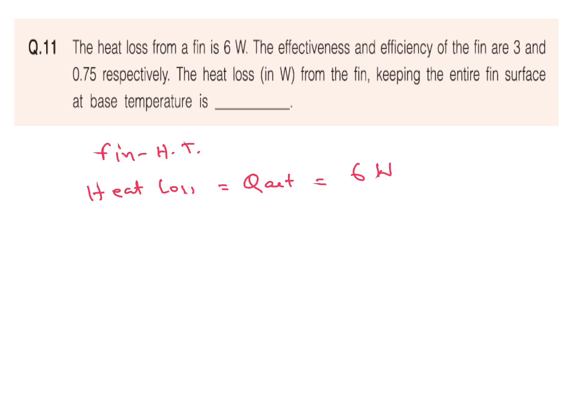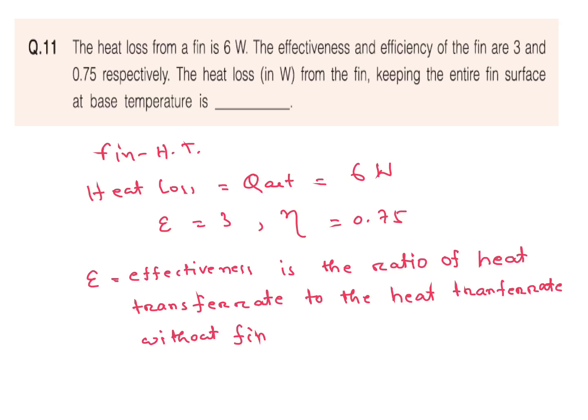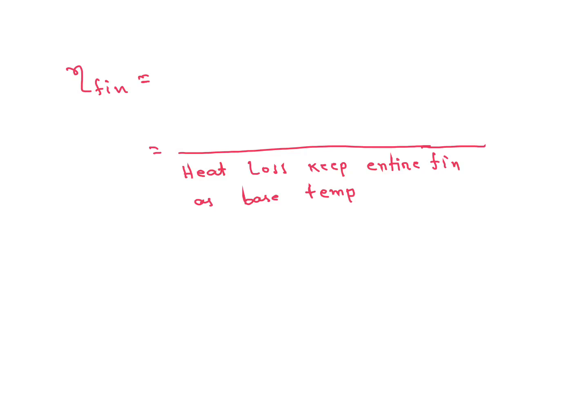Effectiveness is given as 3 and efficiency 0.75. Effectiveness is the ratio of heat transfer rate with the fin to the heat transfer rate without the fin. Efficiency is actual heat transfer, Q actual, divided by maximum heat transfer, the heat loss keeping the entire fin at base temperature.